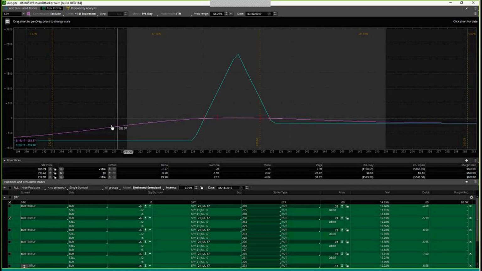If implied volatility goes down in this portion of our graph, our P&L will be lower. It's very important to understand that. The exact opposite is true. If implied volatility going down helps your profitability in the center of your butterfly, implied volatility going up will hurt the profitability of your butterfly in the center.